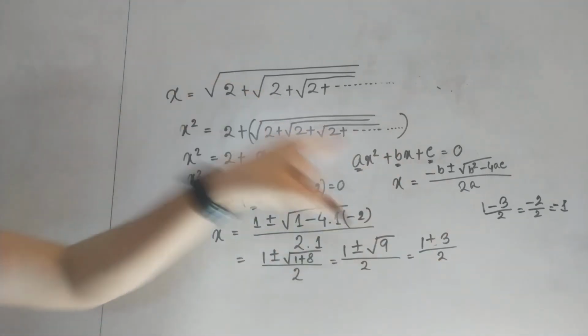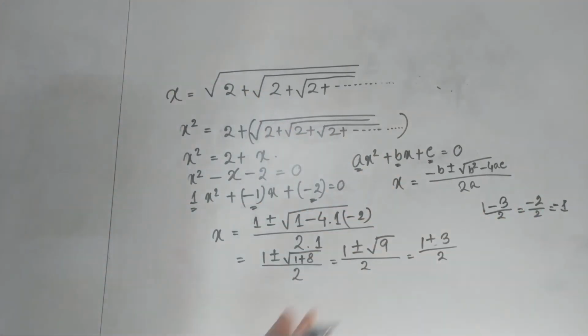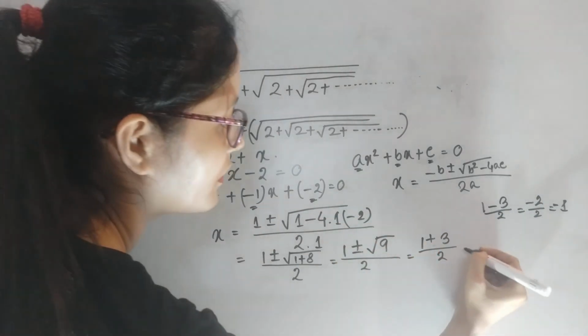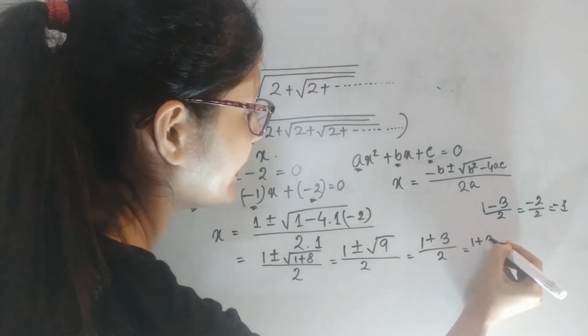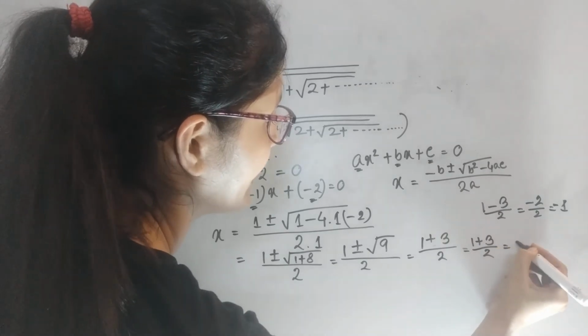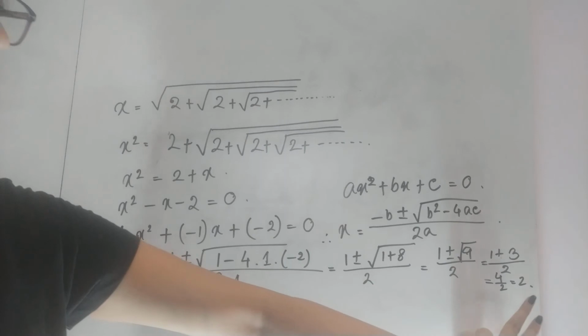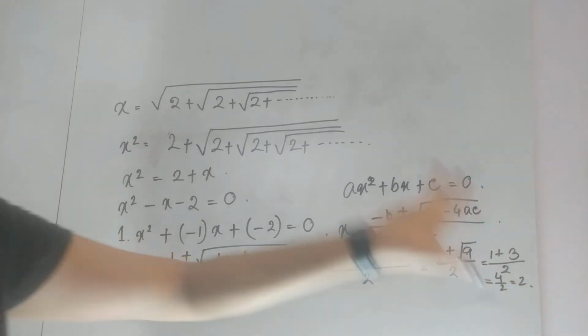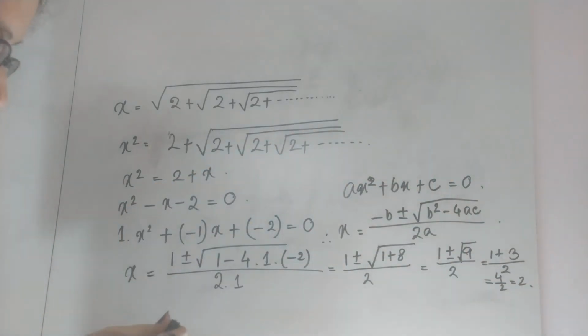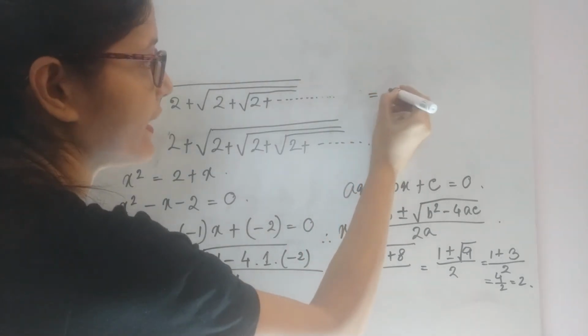Okay, so here we won't consider this minus part, only we'll consider this plus part. So 1 plus 3 by 2, that is 2. The answer will be 2, that we have already got from the easy tricks.